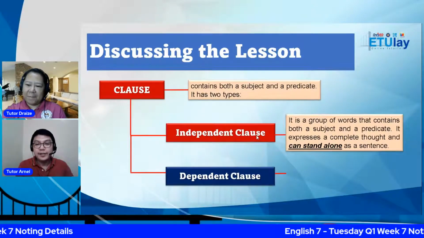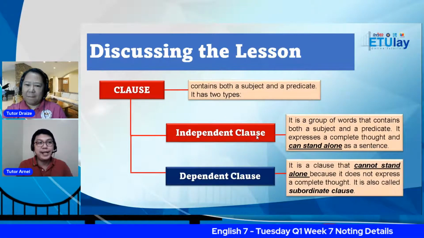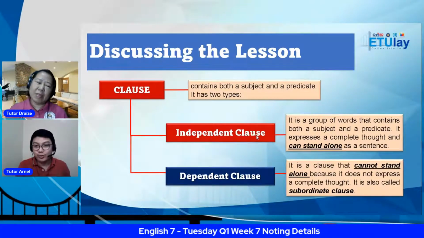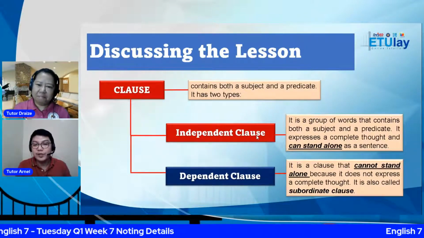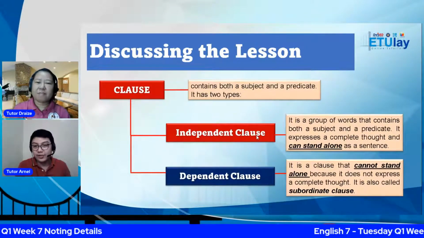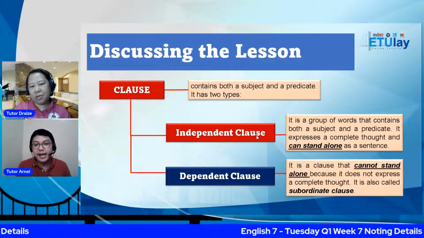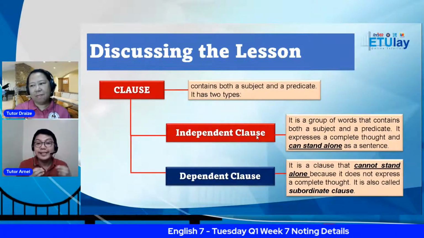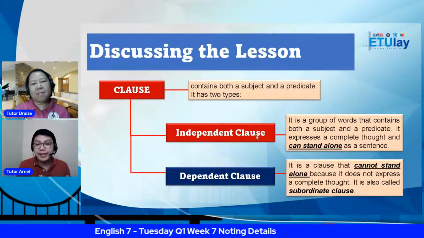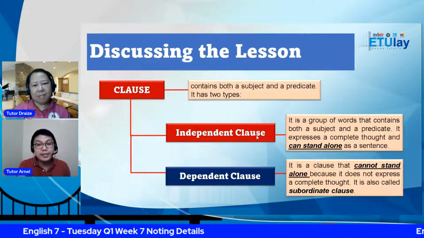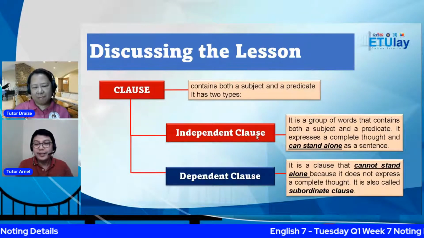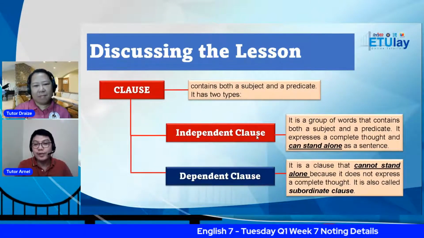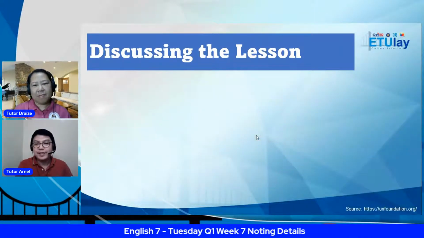On the other hand, a dependent clause cannot stand alone because it does not express a complete thought, and it's also known as a subordinate clause. So you see the difference, class? Independent clause, they can stand alone. Dependent clause cannot stand alone, and it's also known as subordinate clause. So why are dependent clauses called subordinate clause? You will know it too later.